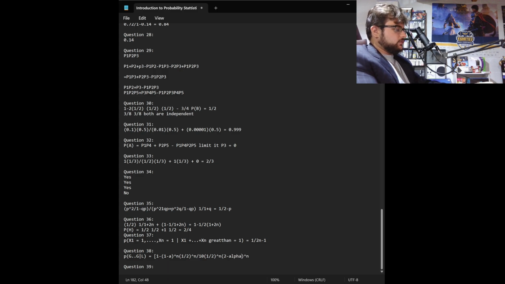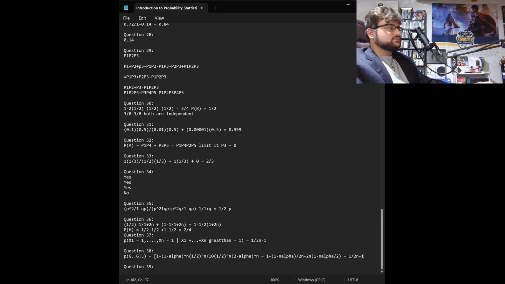Actually, it's so important, I'm going to write out that these are alphas. Okay? And then you just want to simplify that all the way down to this. And you get 1/2 minus 1 as your answer.